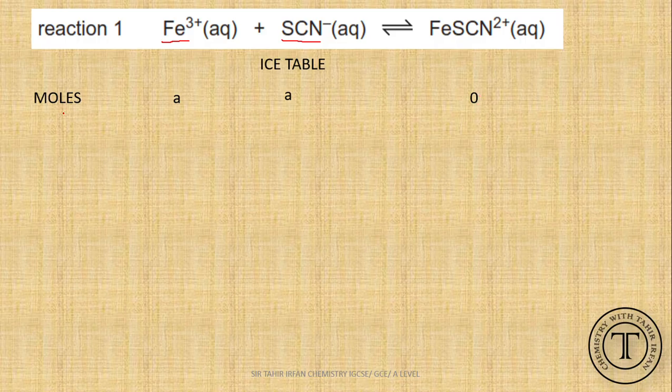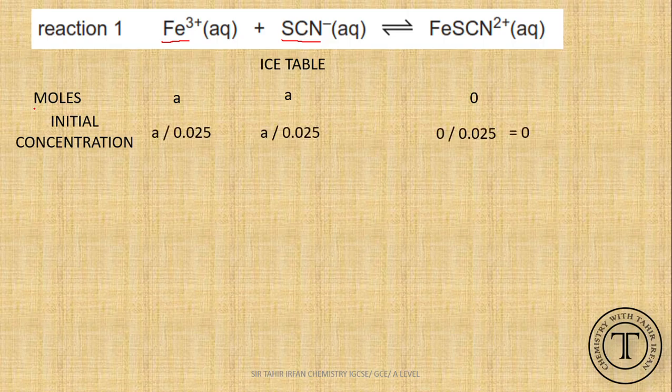Now these are moles. Please remember, an ICE table can only be made on concentrations, not moles. So we must convert this mole into concentration. In the next step, we write the initial concentrations. Look here, moles of iron plus 3 divided by 0.025, that is the decimeter cube, gives mole per decimeter cube.